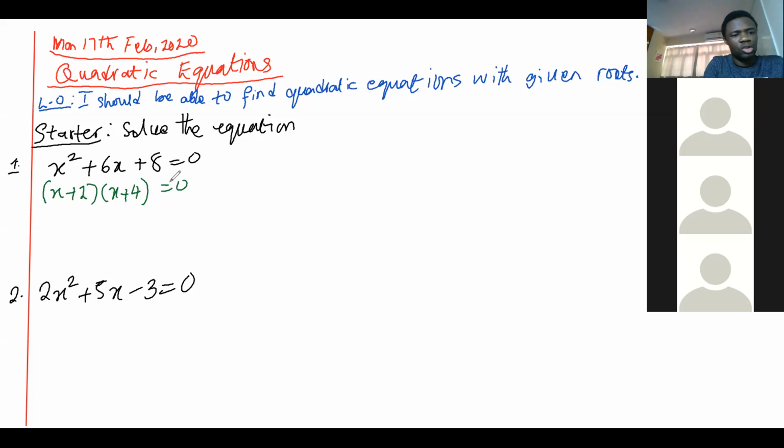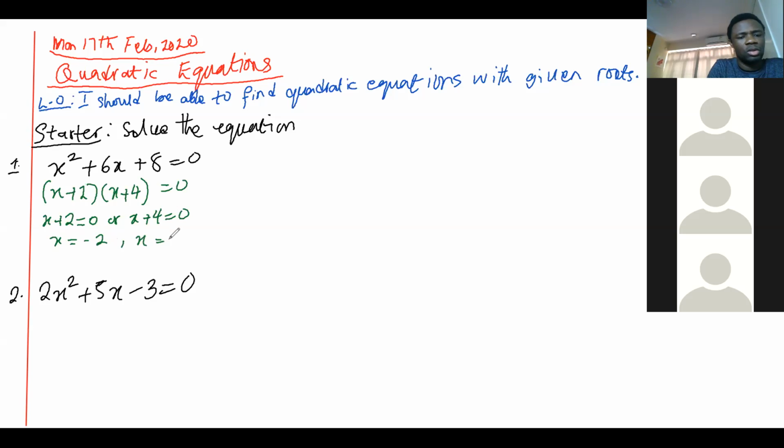If the product of these two factors is 0, then either x plus 2 is equal to 0 or x plus 4 is equal to 0. That is, one of them has to be 0. So from this linear equation, x is equal to -2, and from this, x is equal to -4. So these are the roots.